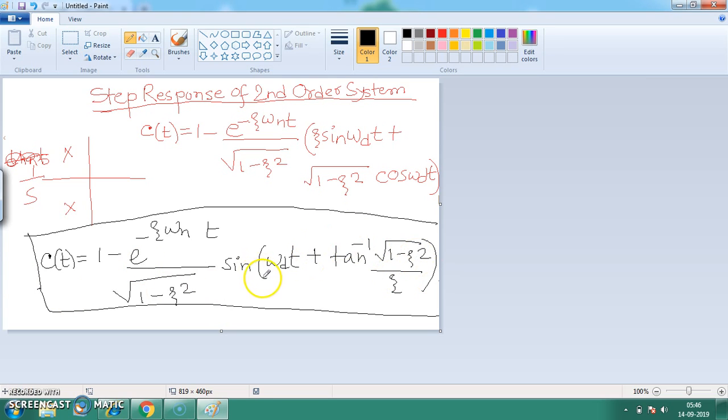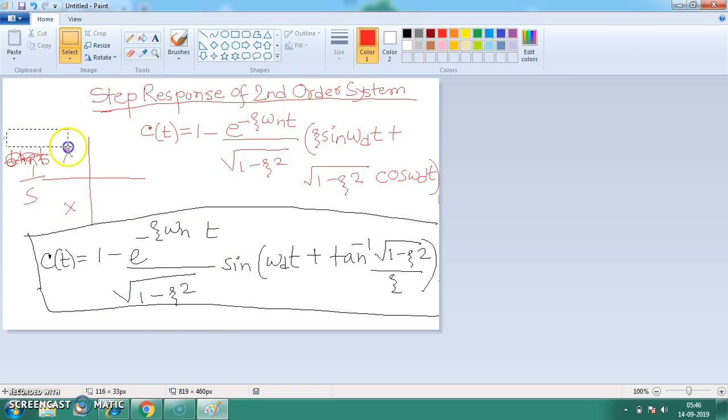You can notice that in this section we are getting a sinusoidal sin omega t plus theta expression. That means it's a sinusoidal. We can express it as a sinusoidal response, but it is always multiplied with this factor.